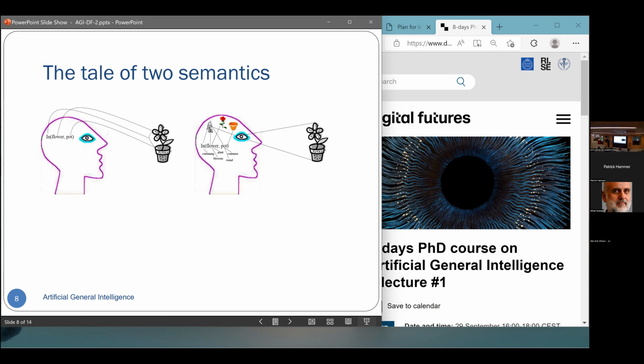So I use two simple diagrams to show you the difference between these two opinions, or two types of semantics. This one is more like the traditional one, accurately speaking, called model theoretic semantics. And here the model is not a computer model. The model is your description of the world. For example, in your mind, you have this sentence saying that the floor is in the pot. Here, the basic assumption is that in the outside world, there is a thing called a floor.